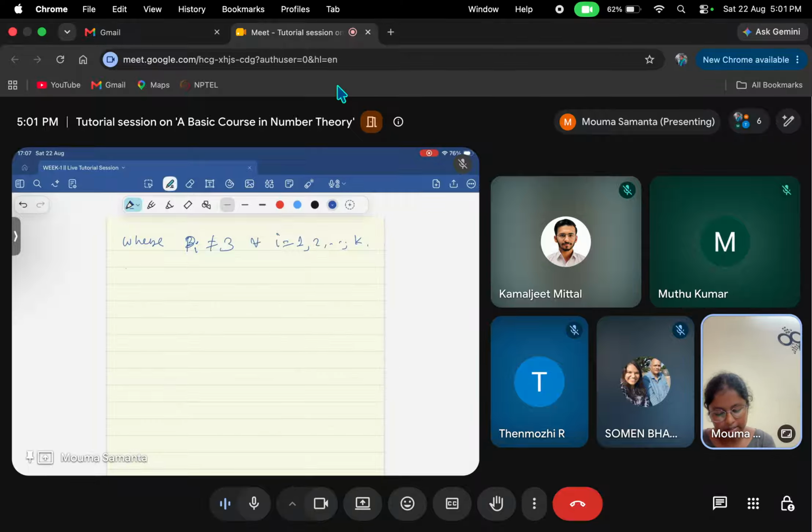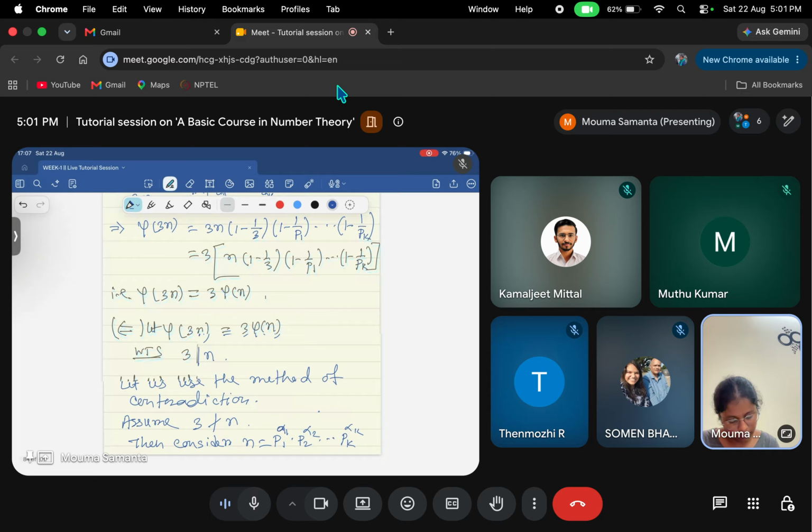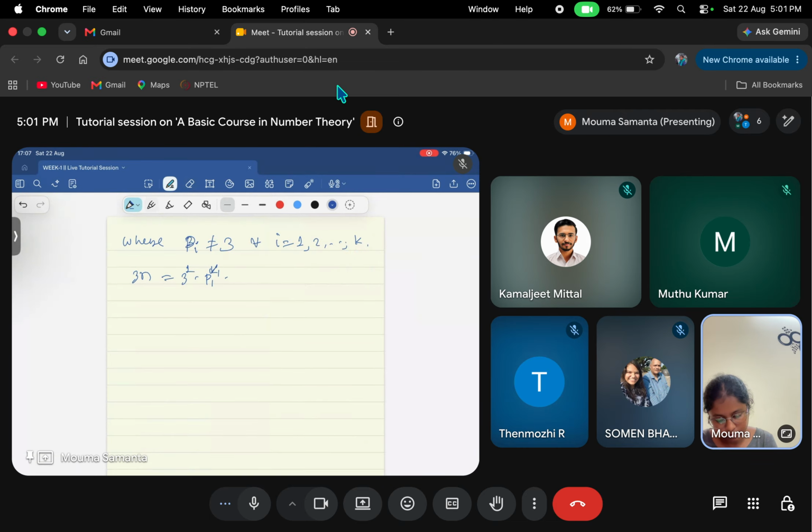So in this case, what will be 3n? Just 3 power 1 into p1 power alpha 1, p2 power alpha 2, up to pk power alpha k.